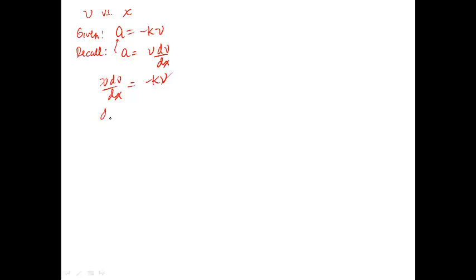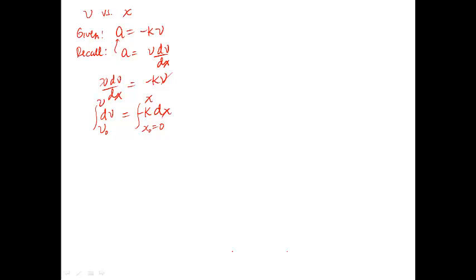So I'm going to have dv equal to minus k dx, and integrate, right? Saying that when x equals x naught, which was 0, v equals v naught. Remember, at t equals 0, we said x equals 0, and v is v naught. And at any x here, the corresponding velocity is v.